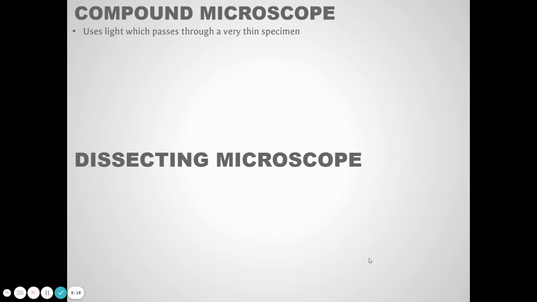So in order to see something with this compound microscope, the object you're looking at has to be really thin because light has to actually be able to go right through it. If I'm using this microscope, I can't look at my hand, because this light from the bottom is not going to go through my hand. All I'm going to see is black. So whatever you're looking at in the compound microscope has to be really thin. That's one of the limitations.